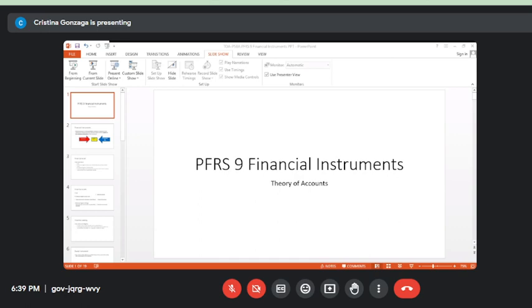The price that you have actually paid for to acquire the asset. Historical cost. But now, if you will learn PFRS number 9 and all other related PFRS on financial instrument, the trend now is fair value.